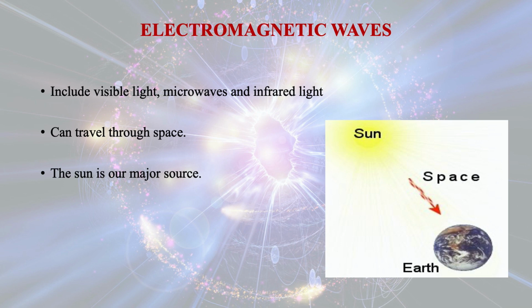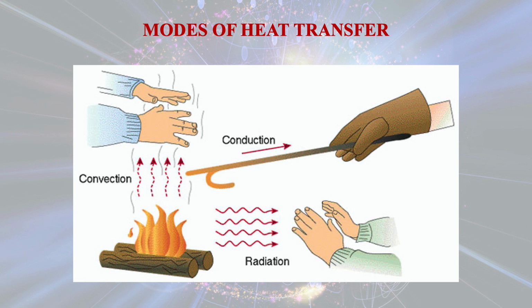Now in this picture all modes of heat transfer are explained. Here you see there is burning wood and a flame, and a person is holding a rod with one end in touch with the flame and the other end in his hand.